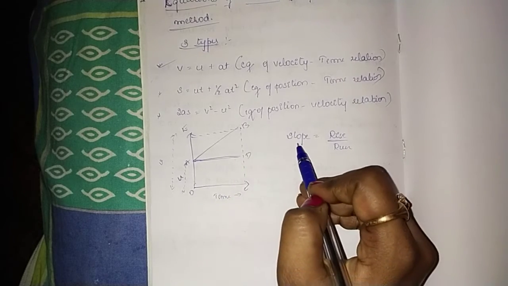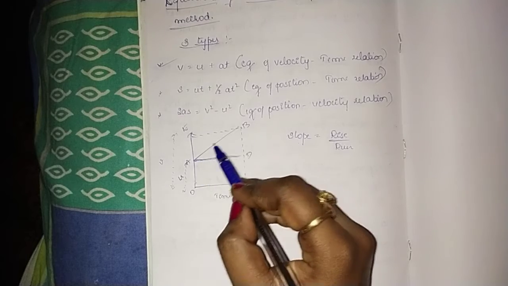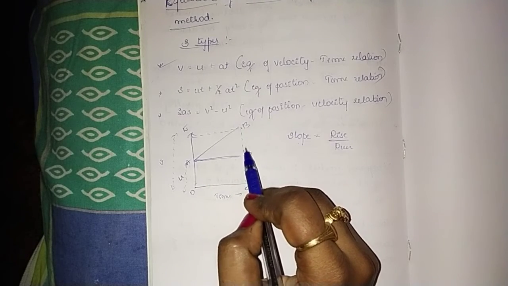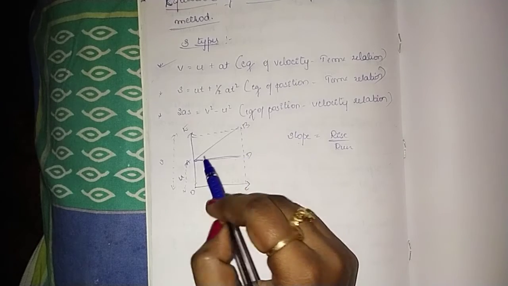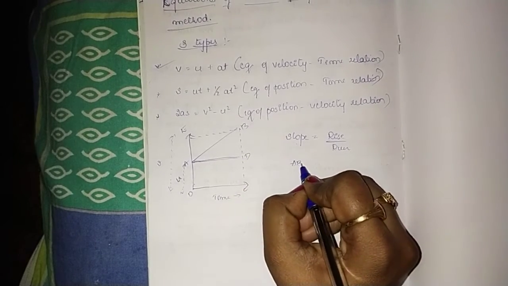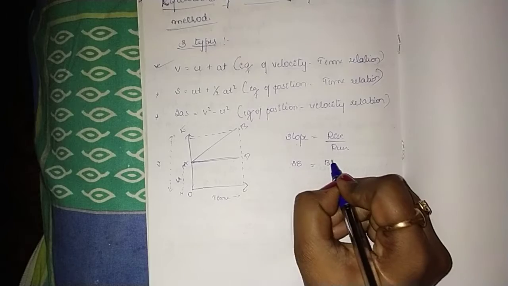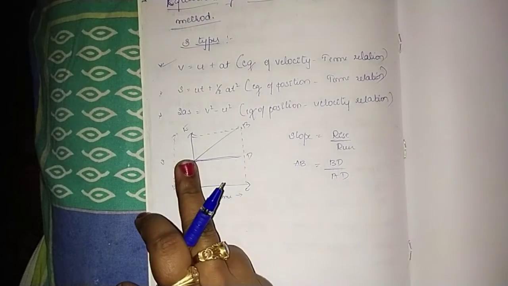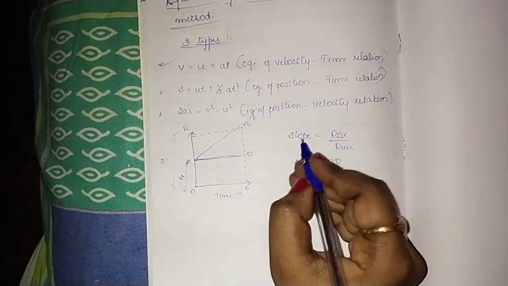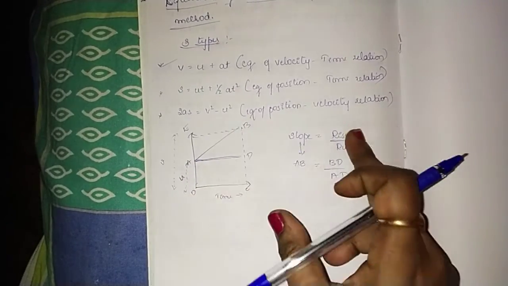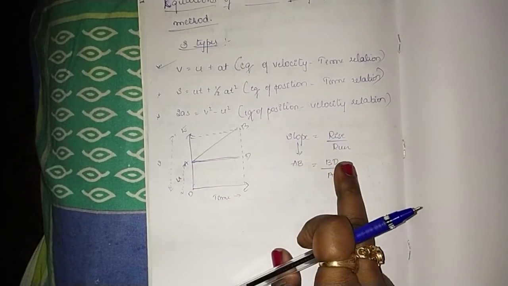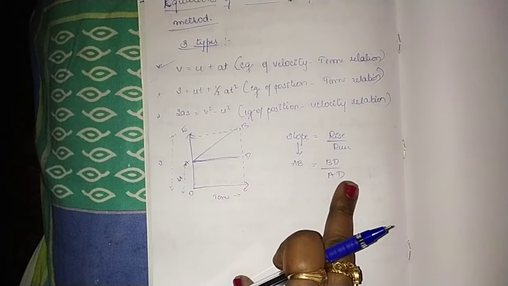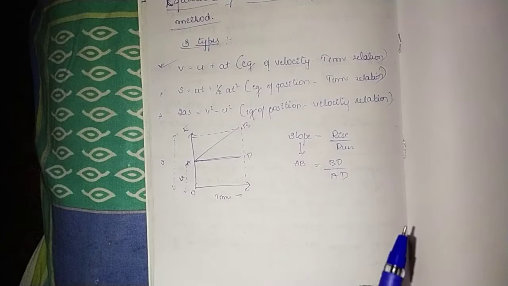Slope is AB, that is rise BD and run AD. So let us write AB equals BD divided by AD. We have just taken it as slope, rise as BD, and run as AD.